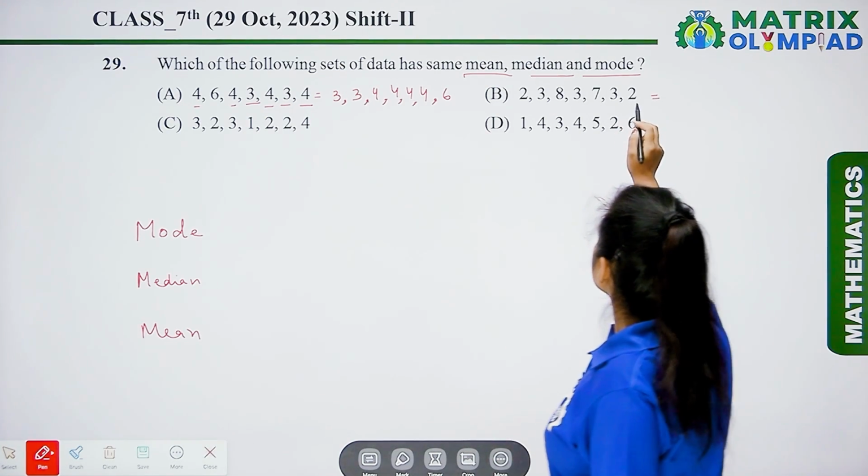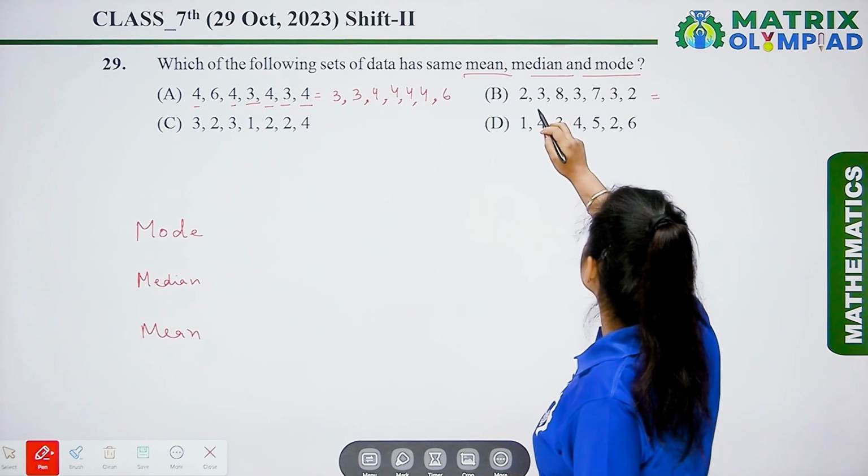Here also we are going to arrange them all in ascending order.